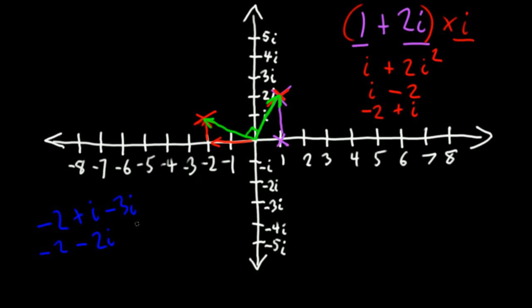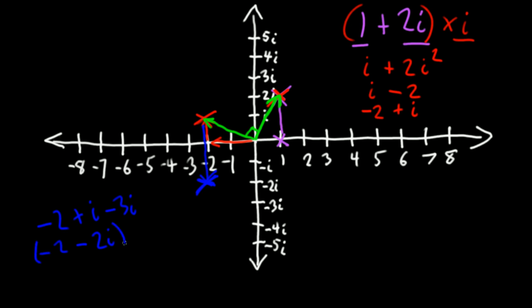Or the geometric approach, our visual interpretation, is that we should be shifting down 1, 2, 3 spaces and ending up here. Sure enough, that agrees with our algebraic result of -2 minus 2i, which is this point right here.